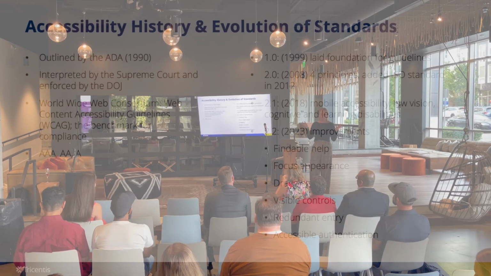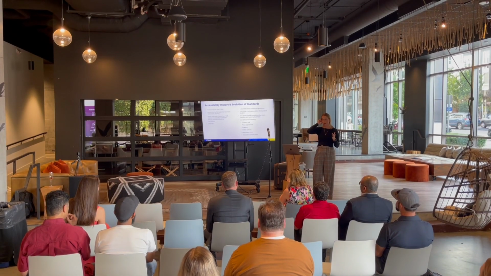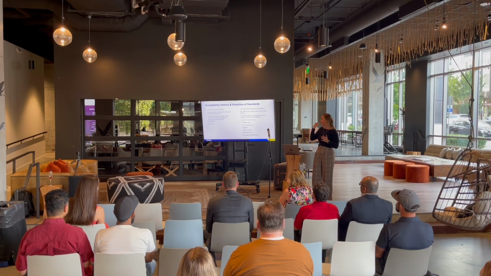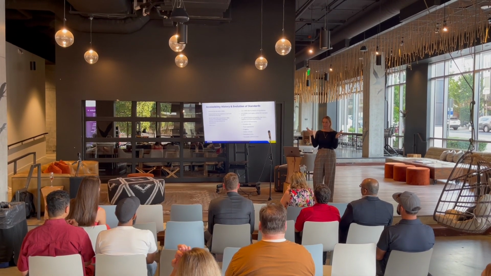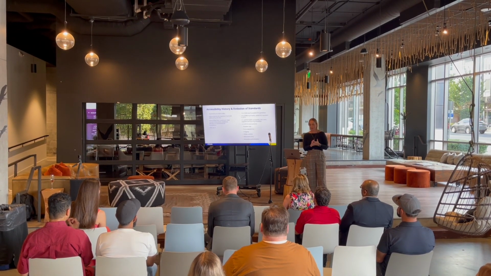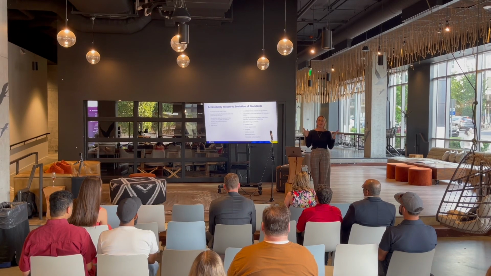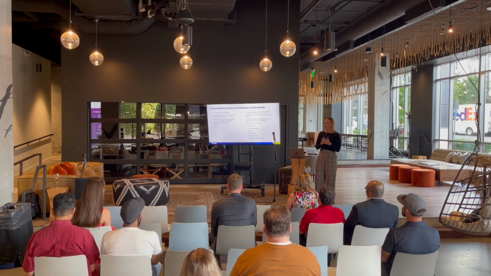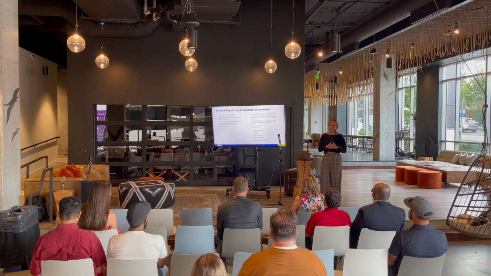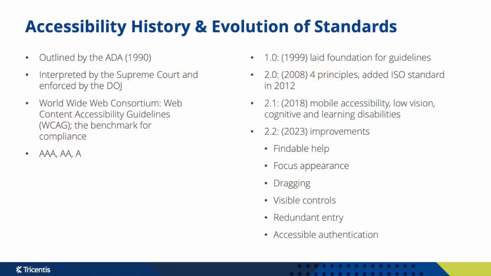In terms of actual guidelines, there's an organization called the World Wide Web Consortium, and they have created a set of guidelines called Web Content Accessibility Guidelines, in shorter terms WCAG. The Supreme Court and the Department of Justice said, if you're looking to make your web applications more accessible, follow the WCAG guidelines. Those are the benchmarks for compliance.